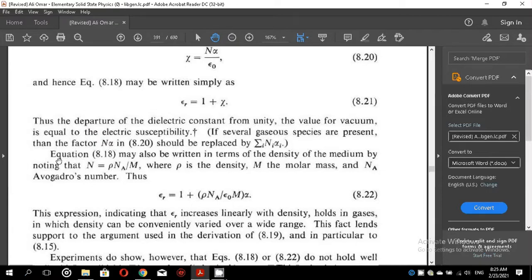Okay, so equation 8.18 may also be written in terms of the density of the medium by noting that N is equal to rho Na over m, where rho is the density, m is the molecular mass, and Na is the Avogadro's number. So when we combine these equations, we get equation 8.22, that epsilon r is 1 plus rho Na over epsilon naught m into alpha.